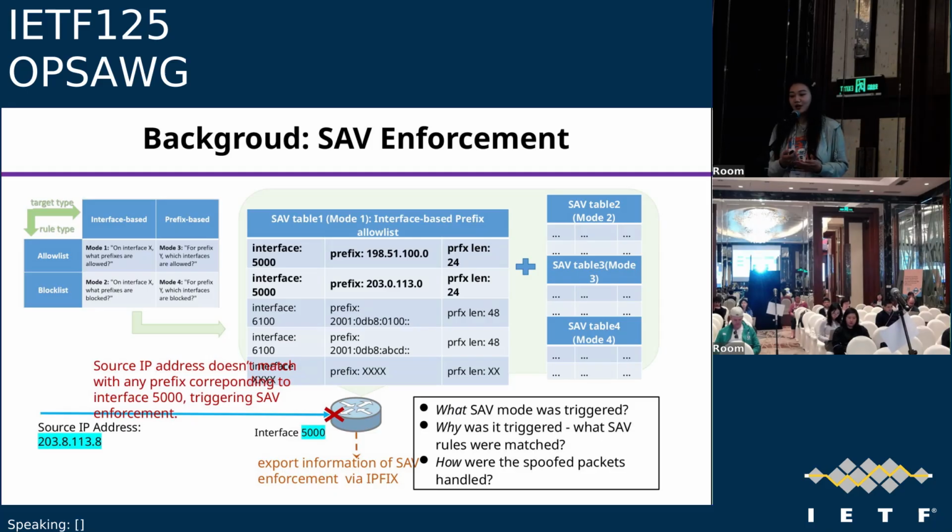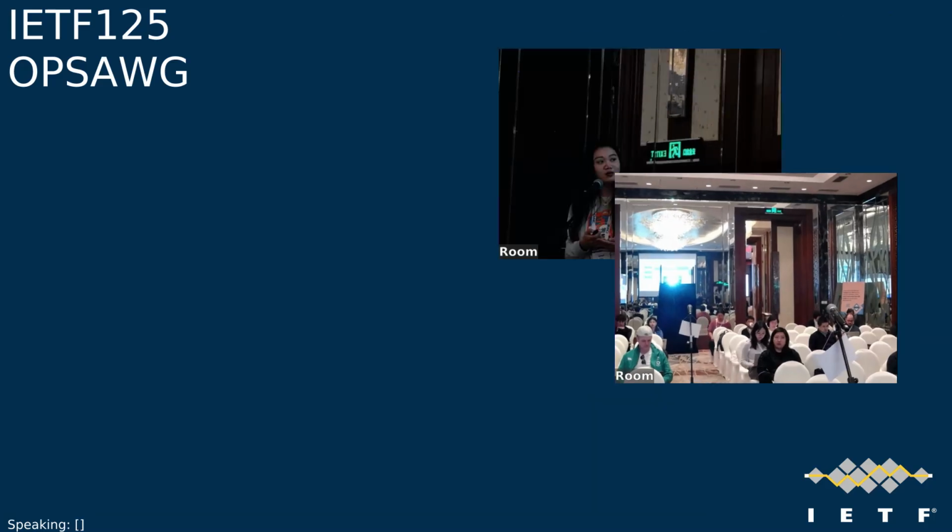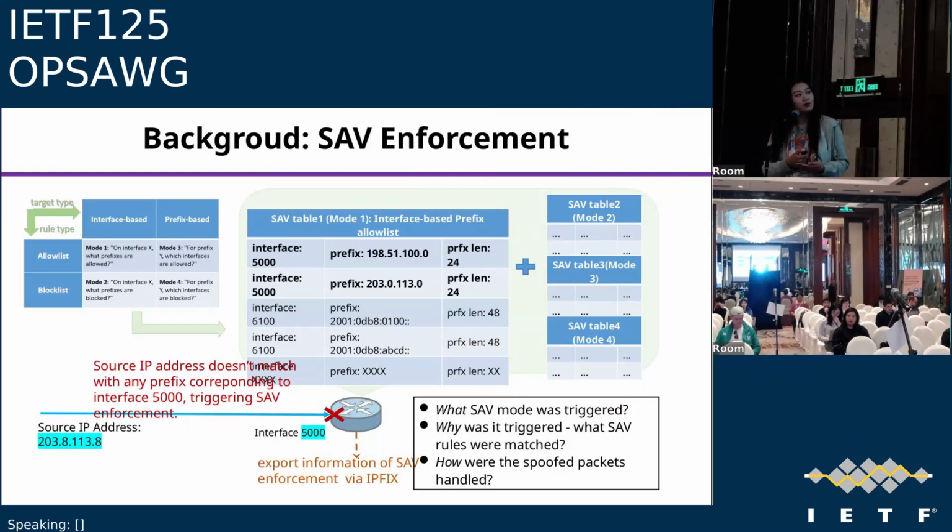Let's look at a SAV table for mode 1. For example, this is an interface-based prefix allow list mode. This sub-table contains prefixes that are valid for a specific interface.